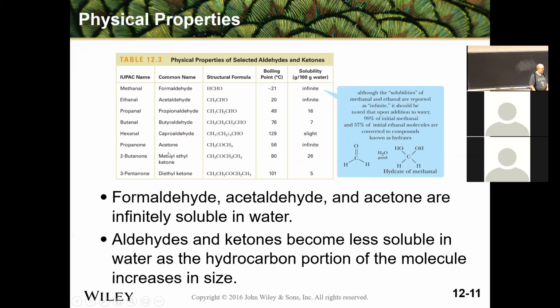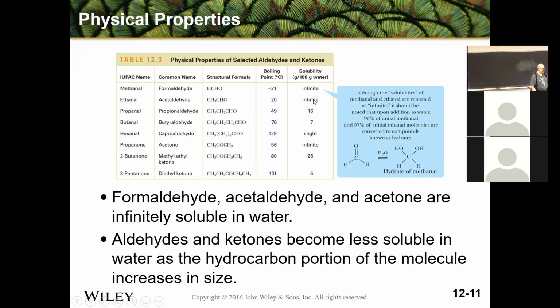Acetone, you've probably washed your glassware in the lab with acetone. It is infinitely soluble in water. Methyl ethyl ketone is less soluble, and 3-pentanone or diethyl ketone is only 5% soluble in water.